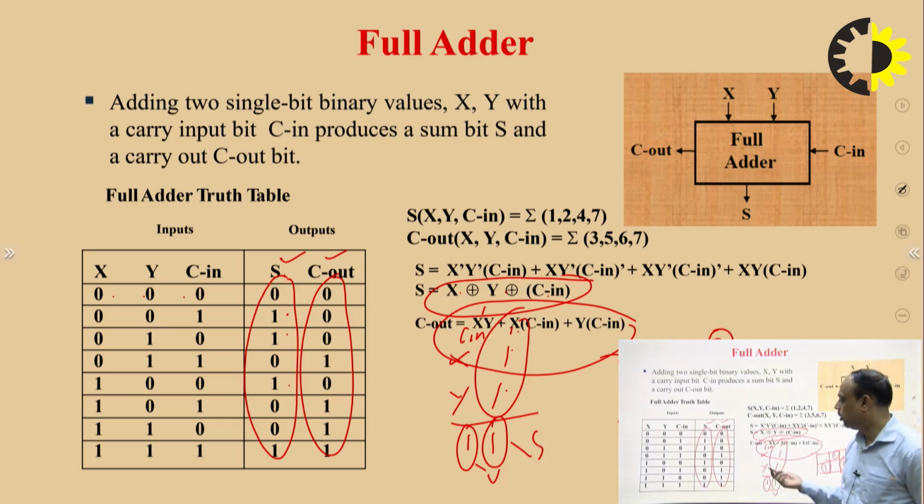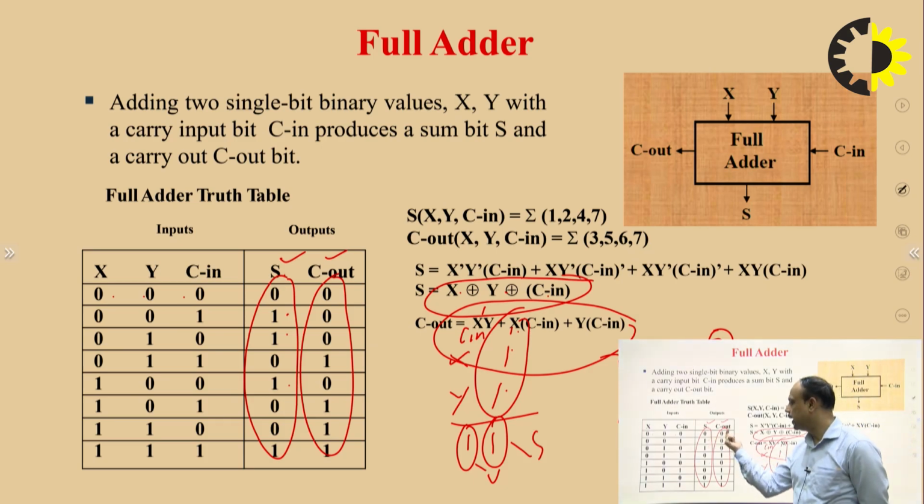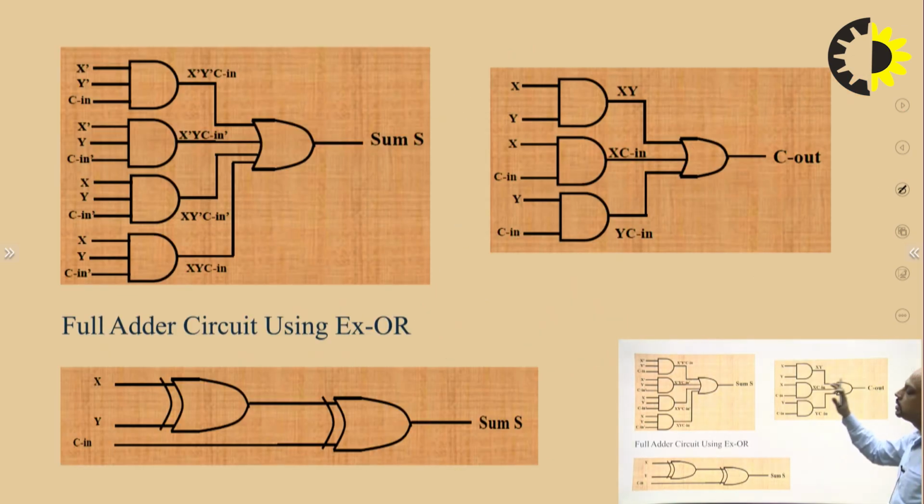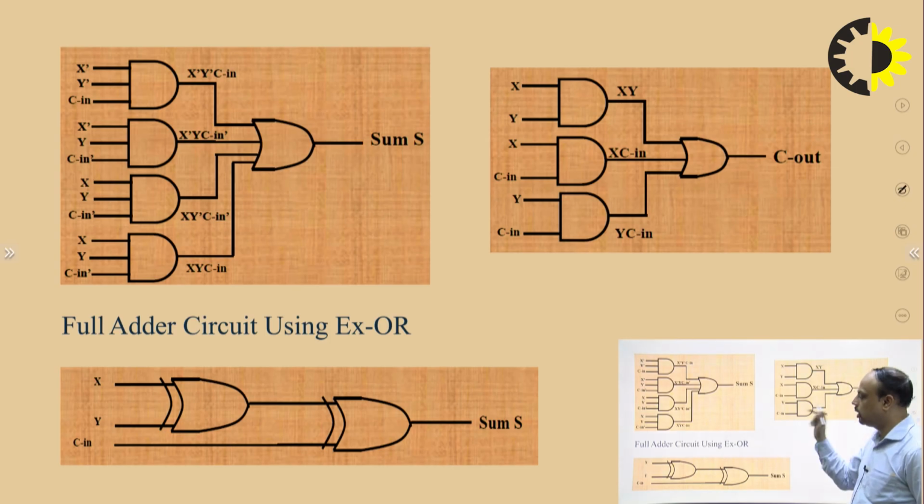And now that we have the functions S and C out, we have to implement them with the help of different logic gates. So this is the gate level representation of your logic function. So we find that C out is over here.